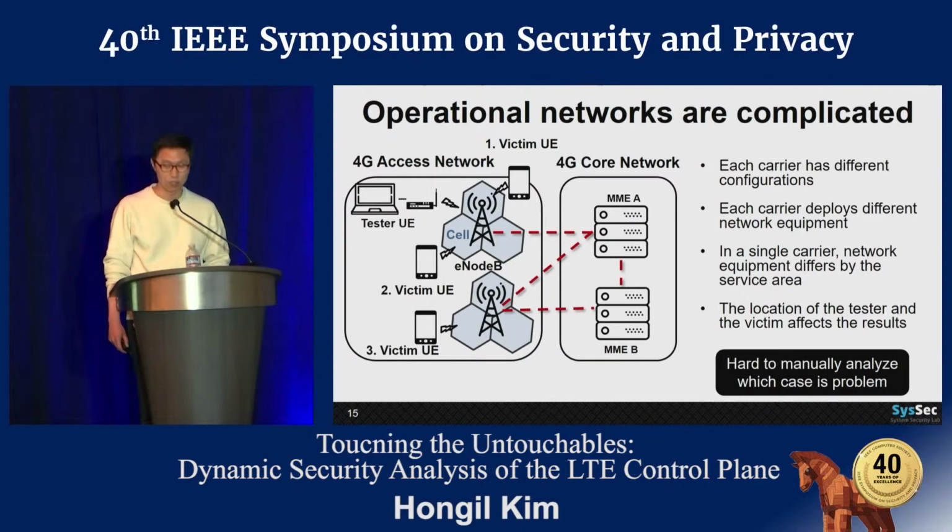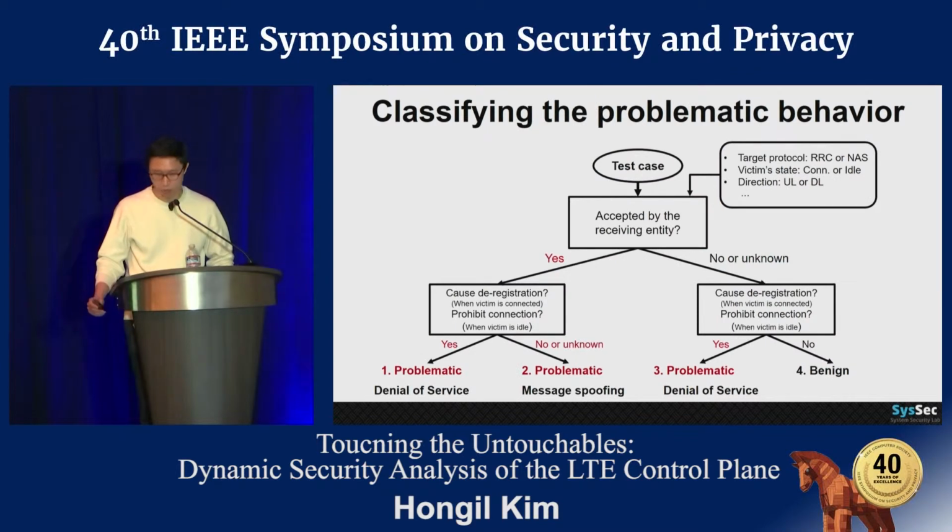In addition, the locations of the attacker and the victim affect the results. There are 4 possible cases depending on whether the attacker and the victim UE are located in the same cell area, eNodeB area, or MME pool area. It is so confusing when it is done manually.